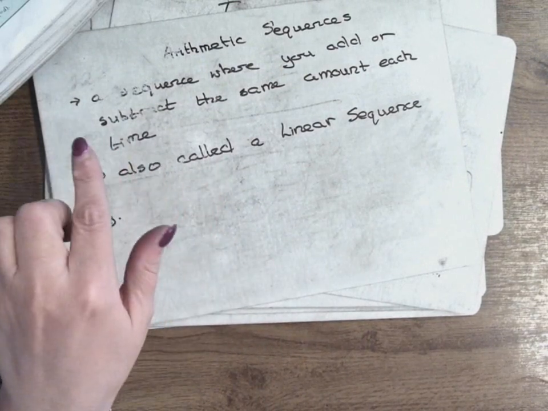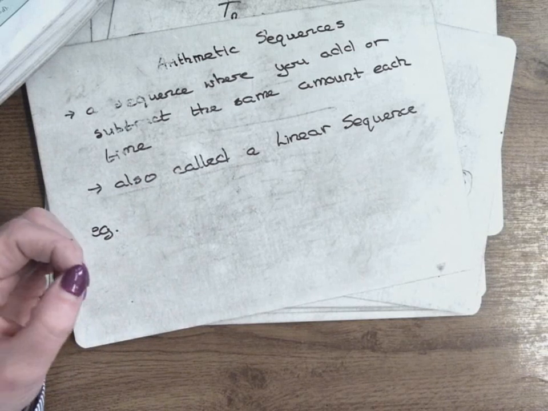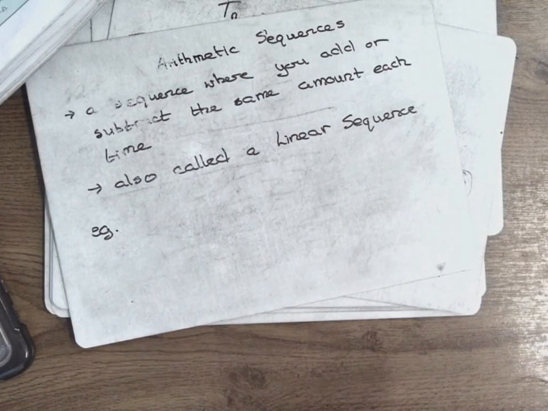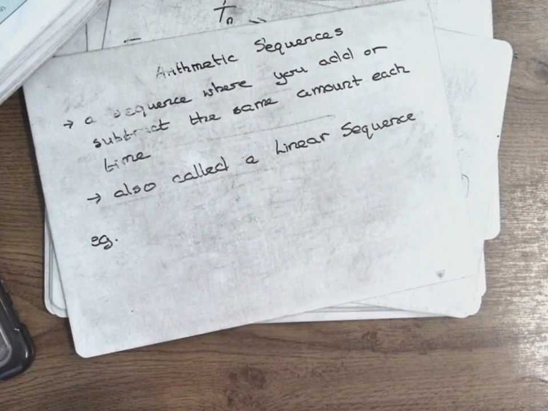Arithmetic sequences, right? Okay, it's the ones you did in junior cert. So it's a sequence where you add or subtract the same amount each time. So you're going up in 2s, or up in 3s, or down in 4s, or down in 10s, or whatever. In junior cert, we call them linear sequences, but they're the same thing.